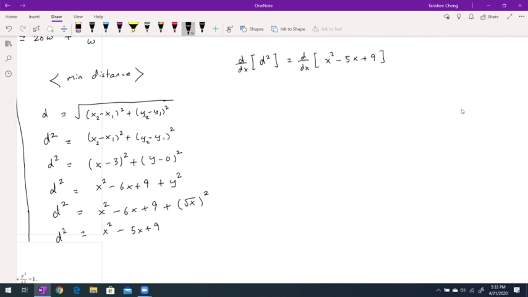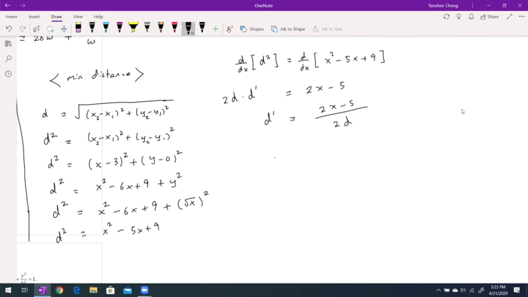So when you take the derivatives with implicit differentiation, remember that the distance is a function of x, so we need to use the chain rule right here. So this will be 2d times d prime, that is equal to 2x minus 5. And solving for d prime, that will give me (2x minus 5) over 2d.